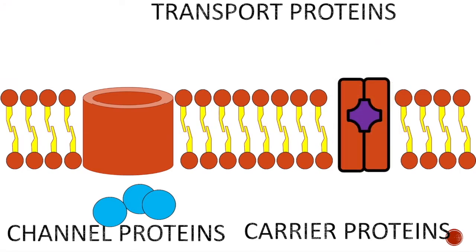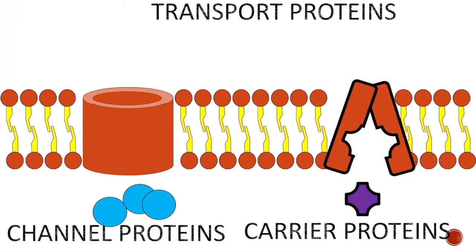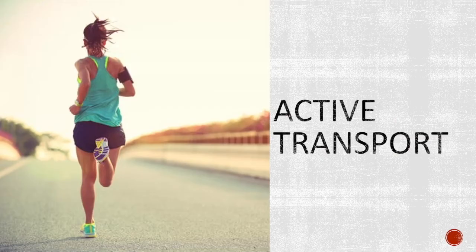It's able to close, it fits perfectly, and then it opens up in the other direction and the molecule passes through. So it's much more specific in what it allows through, but can still handle those bigger molecules that don't just go through the phospholipid bilayer. So two important things to remember: channel proteins and carrier proteins are two types of transport proteins, and how they work.